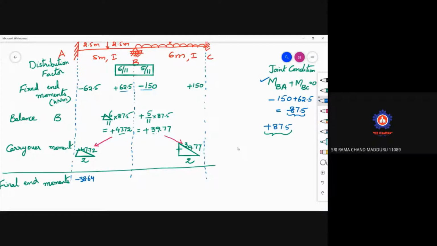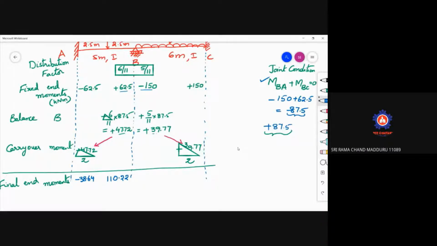Now for AB, this moment minus 38.64 is the final moment, which is MAB. And for MBA, plus 62.5 plus 47.72, so the value of MBA is 110.22 kilonewton meter.